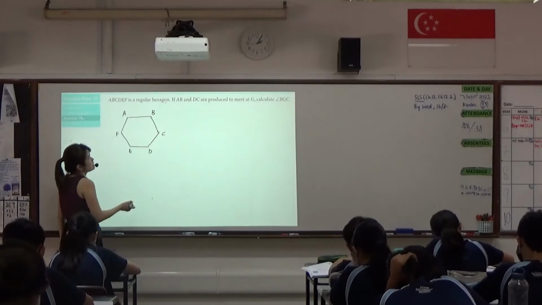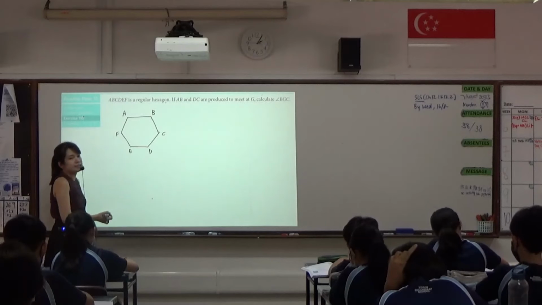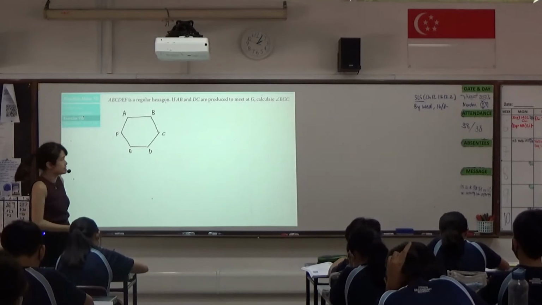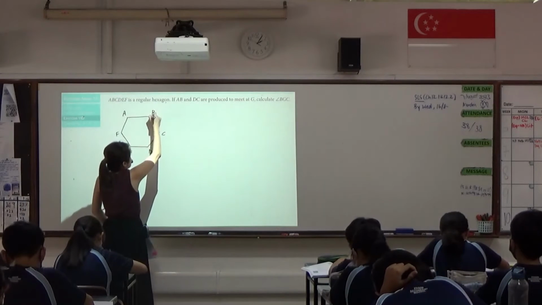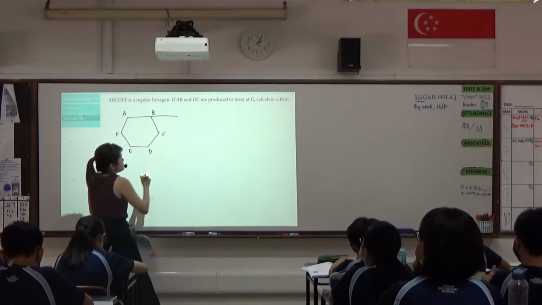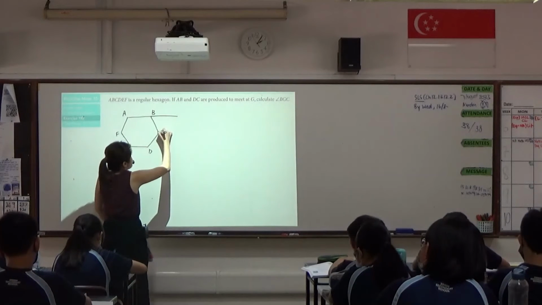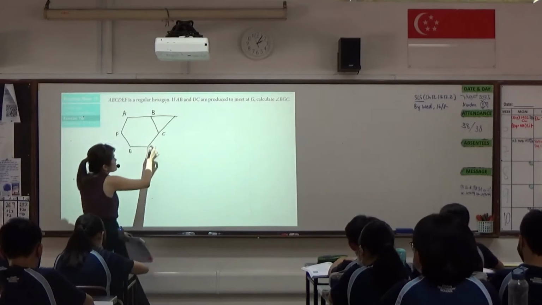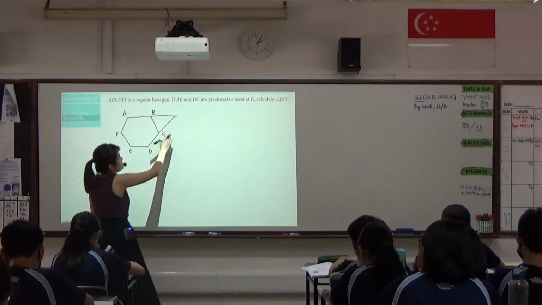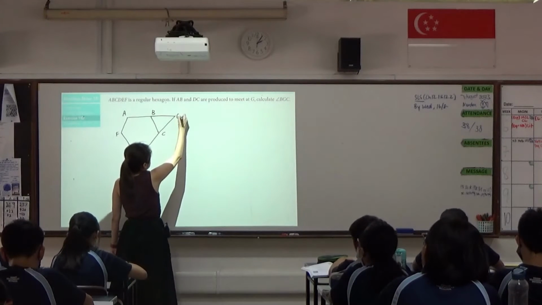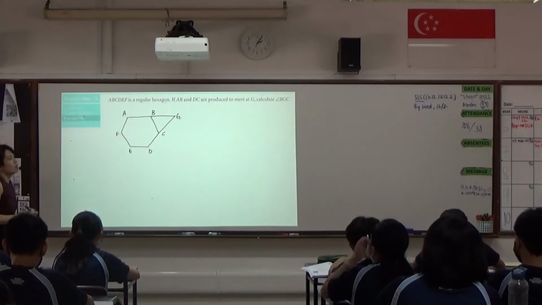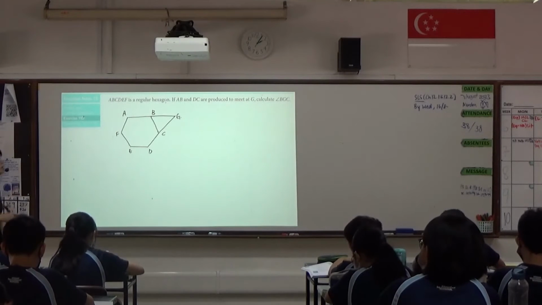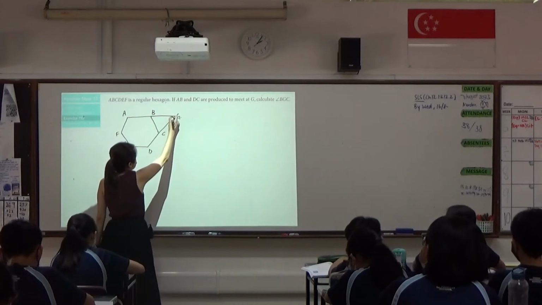The question then says that AB and DC are produced such that they meet. So I'm going to extend line AB and also extend line DC such that they are straight lines and they meet at the point G. We want to calculate angle BGC.